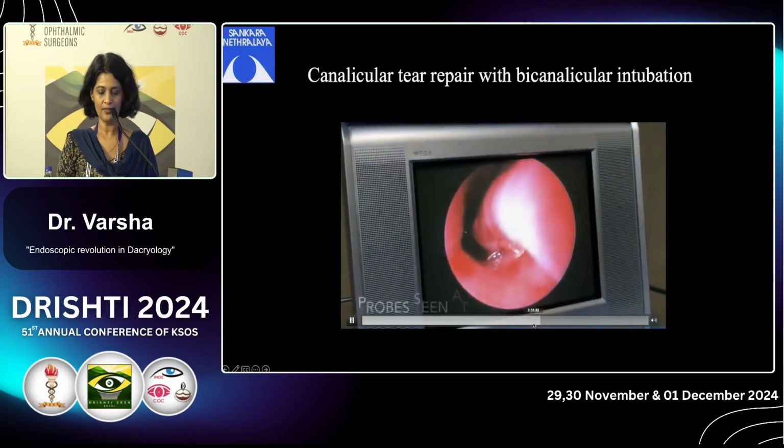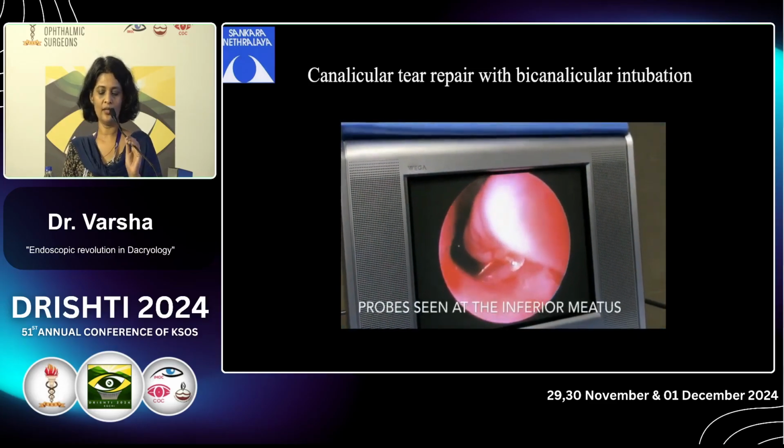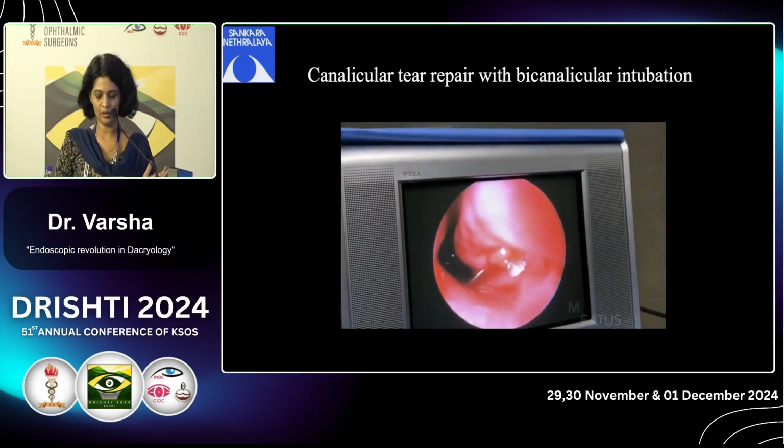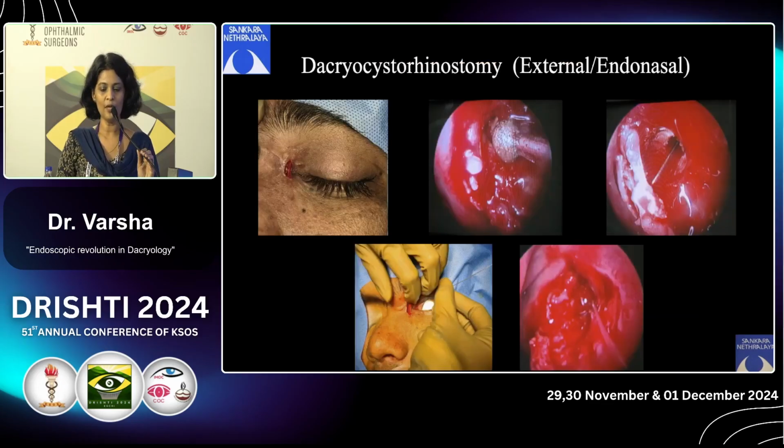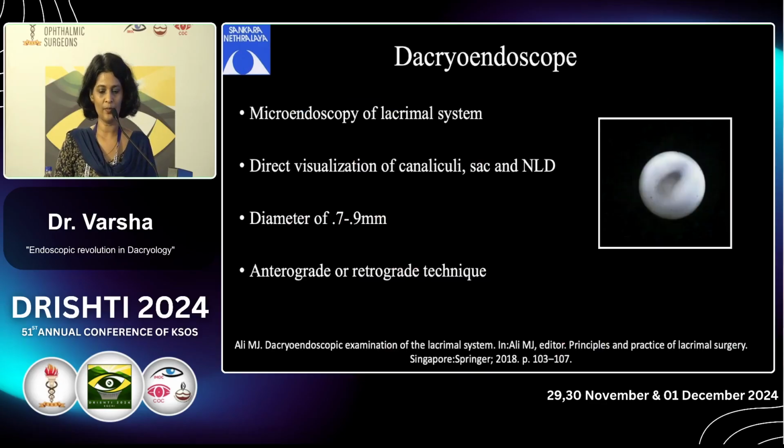After passing, we do a regular probing sort of a thing, and then we pull out the tubes through the nasal cavity. In traumatic NLD obstructions, when the anatomy is grossly distorted, again we can take the assistance of an endoscope. We can even ask the help of our ENT colleagues if we want a better success rate. Here we have used a drill as well in this patient. We have combined an external as well as an endoscopic approach.